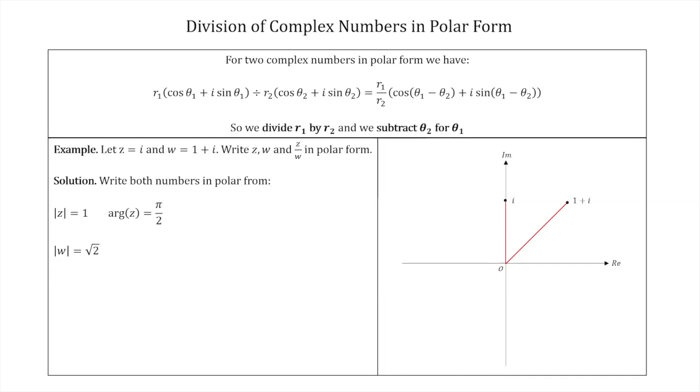What's the argument? Well, we measure the angle from the positive real axis to this red line going from the origin to w, to 1 plus i. And hopefully you can see that this is half a right angle because we've gone the same distance along as we have gone up. So this line is, if you like, going from one corner of a square to another.